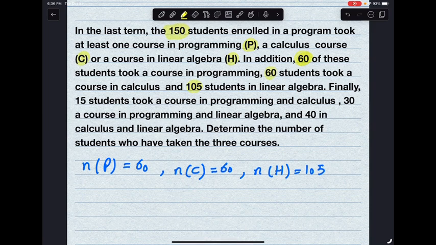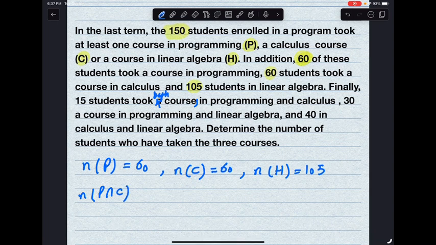Now we have the intersection of each two of them. The next part says finally 15 students took a course in programming and calculus. That means 15 students have taken both courses, programming and calculus.